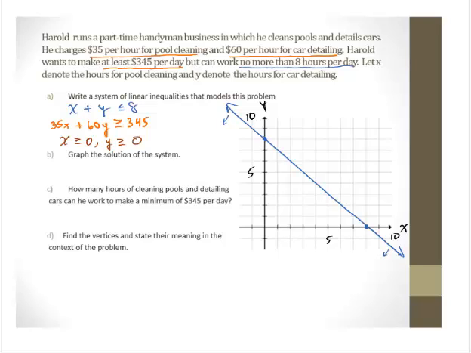Alright, 35x plus 60y is greater than or equal to 345. I'm going to try and use intercepts on that one. Let's see, 345 divided by 35 is 9.86, so we have (9.86, 0). And 345 divided by 60 is 5.75.